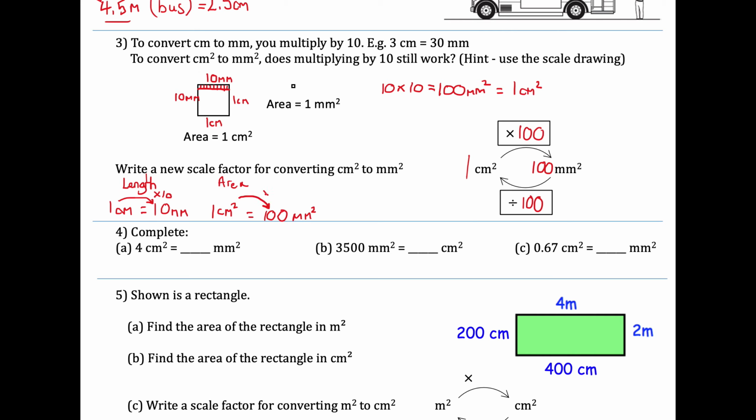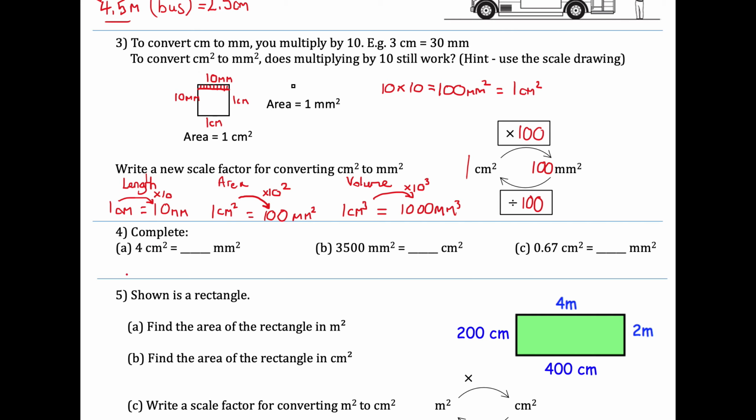Okay, we are timesing by this 10 squared though. And the easy way to remember that is the area of squared units, so times by the linear scale factor squared. And then you guessed it, for volume we are timesing by the scale factor cubed. So 1 cubic centimetre, we times that by 10 cubed, that's 1,000, so that would be equal to 1,000 cubic millimetres. Okay, and we'll cover that in more detail a bit later on.